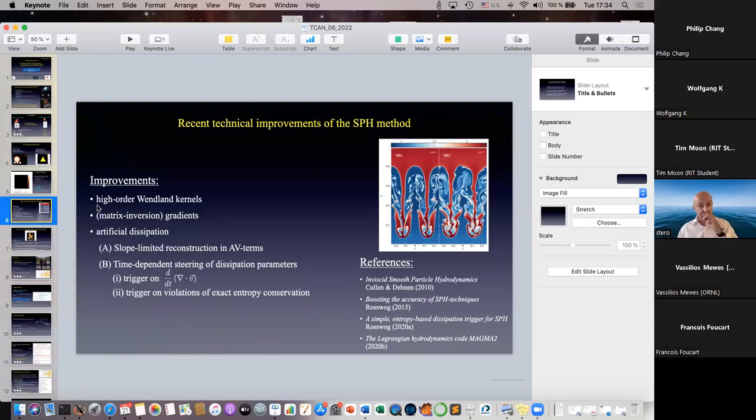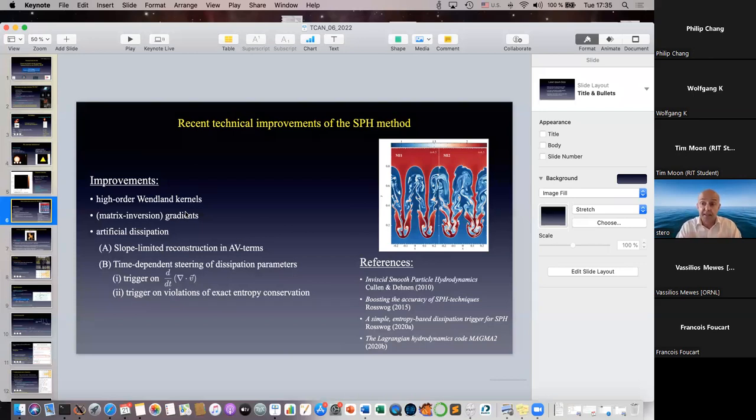There's a very nice class of kernels going back to Holger Wendland. And these kernels have the nice properties that in the evolution, they keep the particles very well ordered, and they're much better than the standard cubic spline kernels that people have been using forever in SPH.